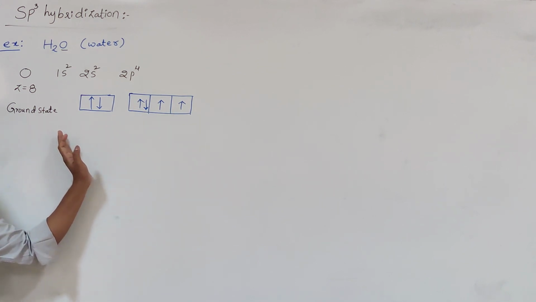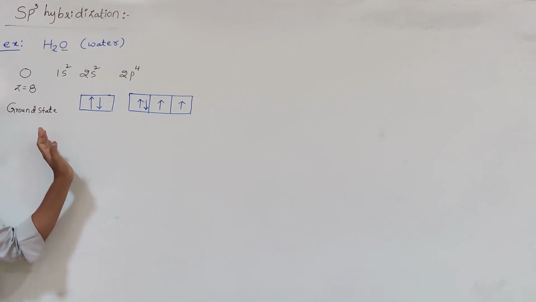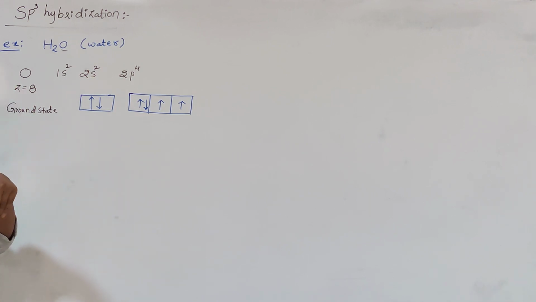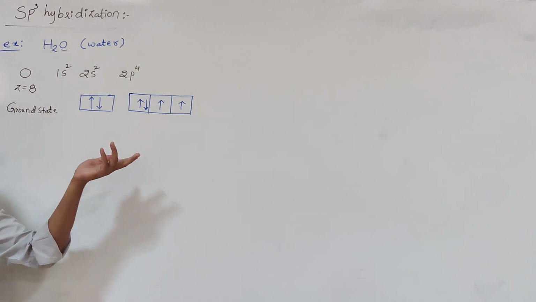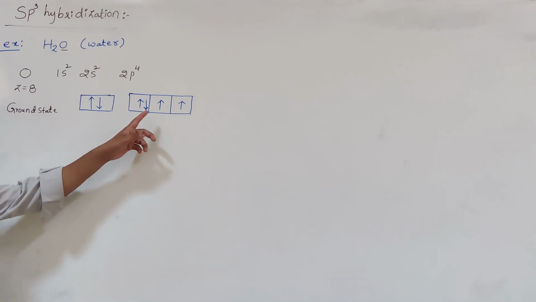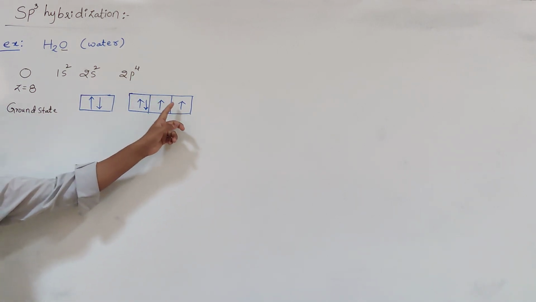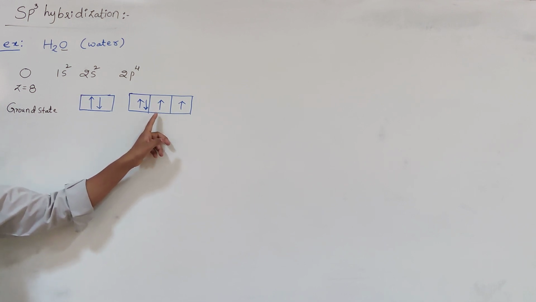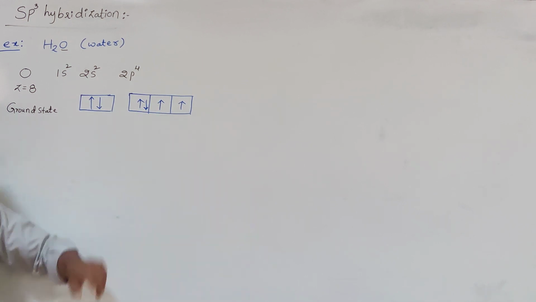Whereas in the CH4 molecule promotion is needed, in the NH3 molecule, to account for the trivalency of nitrogen, we are not promoting any electron. Same here also. Since oxygen can form 2 covalent bonds, there is no need to promote an electron from the 2s orbital to the 2p orbital, because the 2p orbitals are already half-filled.